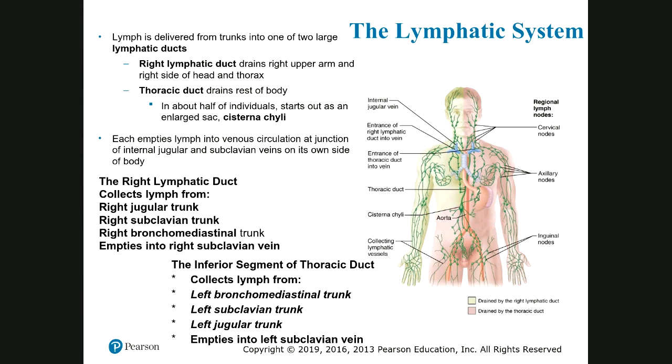So the lymph is delivered from the trunk into one or two large lymphatic ducts. The major lymphatic ducts, we have two: the right lymphatic duct and the thoracic duct. Let's focus on the first one, the right lymphatic duct, which is this light shaded green over here, okay?